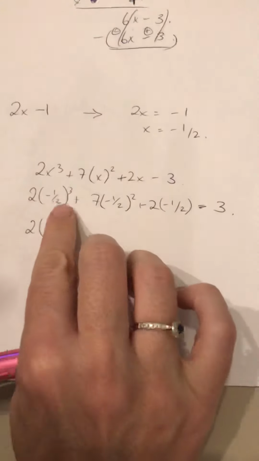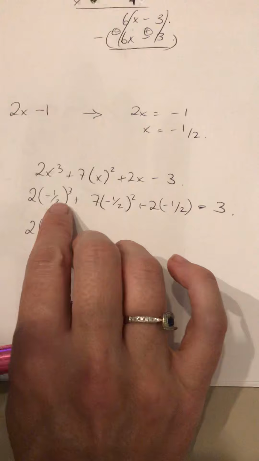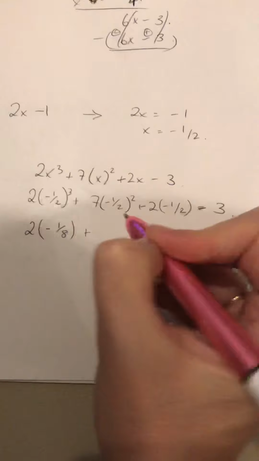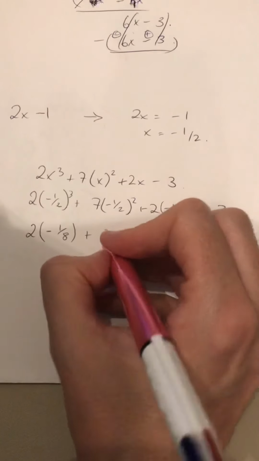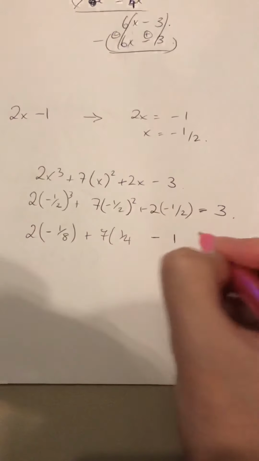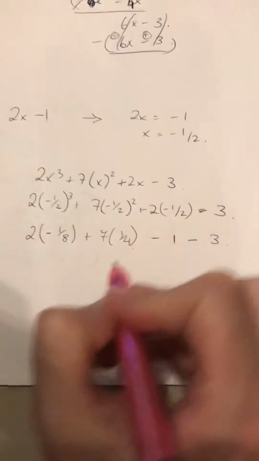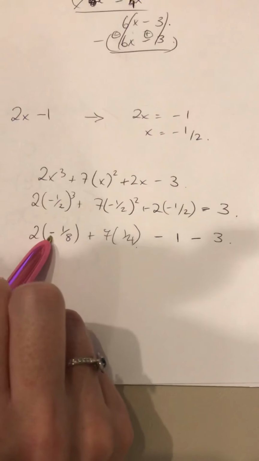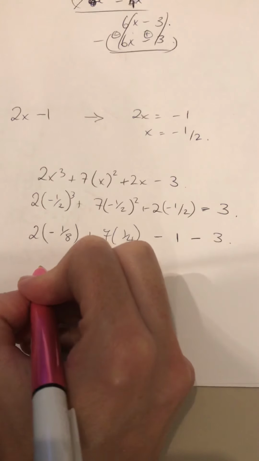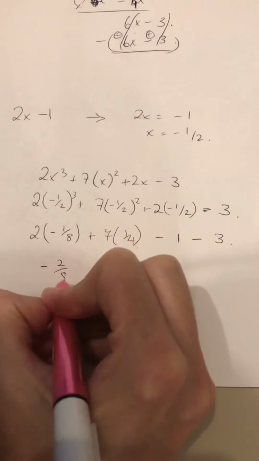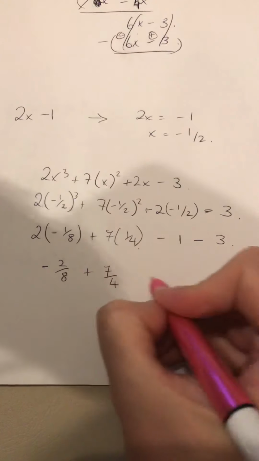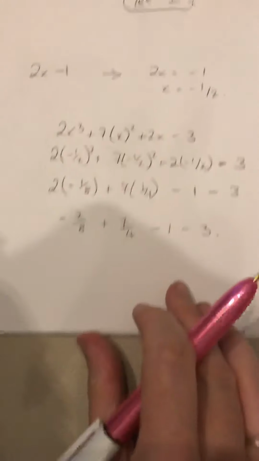So that's 2 times, and then I do the indices first. So minus 1 over 8 plus, that gives me 7 times a quarter, and that gives me minus 1 minus 3. So 2 times 1/8 is minus 2/8 plus 7 times a quarter, 7 over 4, minus 1 minus 3.